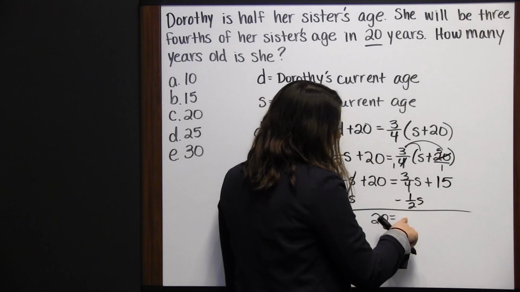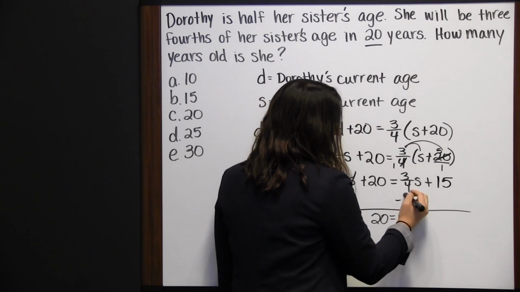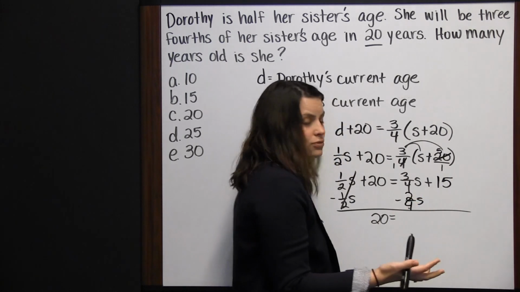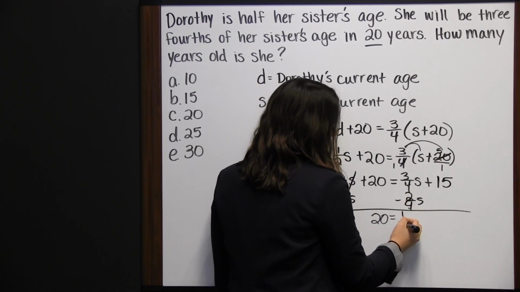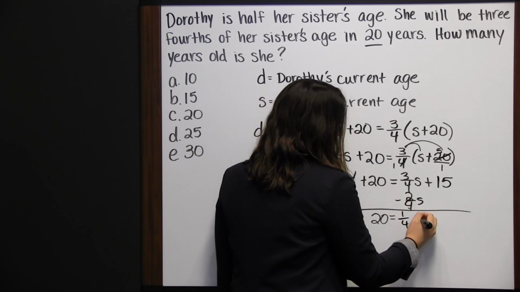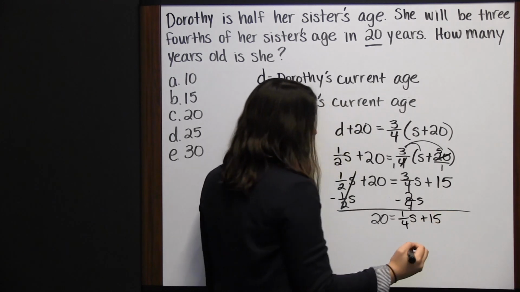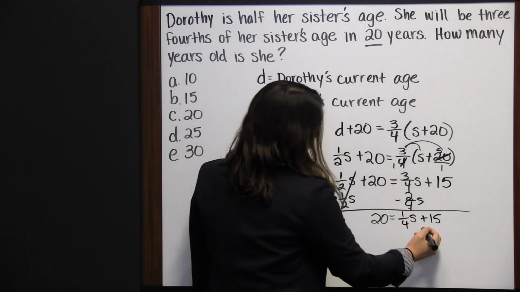So 1/2 is also 2/4. So I'm going to change 1/2 to 2/4 so that I can subtract these. And then when I subtract, you just subtract the numerators. 3 minus 2 is 1, and your denominators stay the same, 1/4 S, plus 15. Next, I need to subtract 15 from both sides.